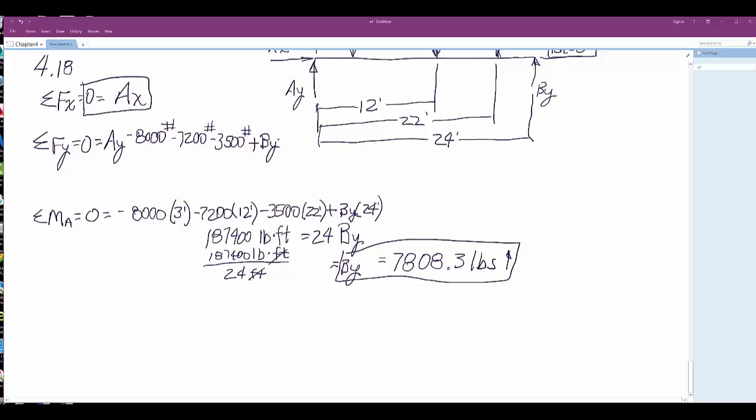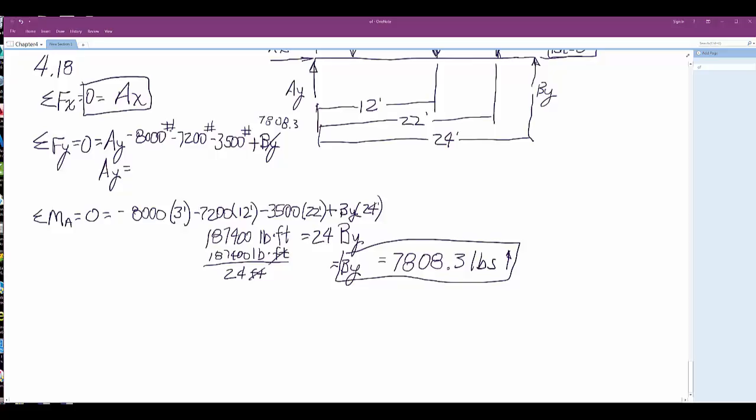Substitute that up here in the forces in the Y calculation, 7808.3. It was going the right direction, so we don't have to worry about changing anything here. If we leave AY where it's at and change these over to the other side, you've got 8,000 plus 7,200 plus 3,500 minus 7808.3.